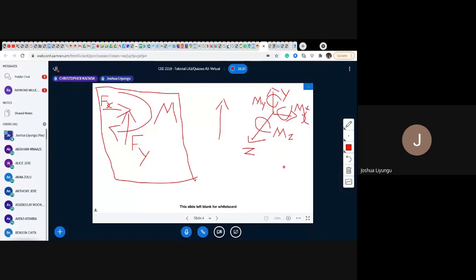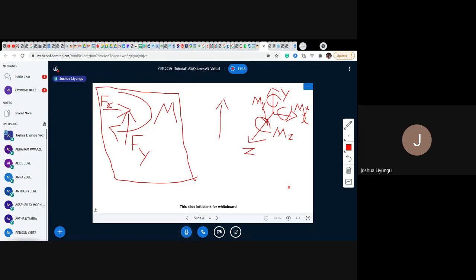Note that when we are looking at moments in the x, moments in the y, moments in the z, any force that is parallel, as an example, the one that is parallel to the z-axis, or the force that passes through the z-axis, is going to give you 0 moment.